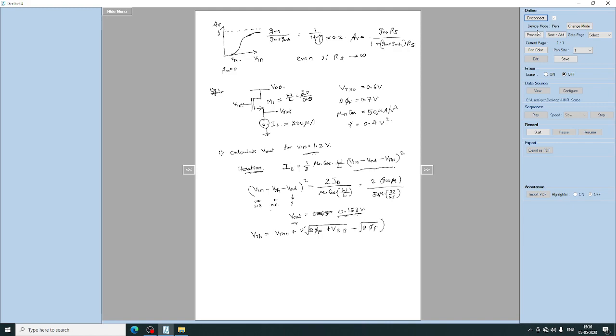Solving this, VTHO is 0.6, eta is 0.4, 2 phi f is 0.7, plus VSB.